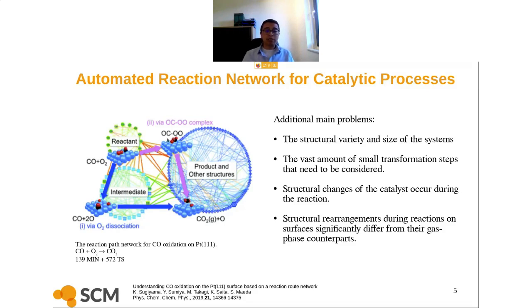So you can see here, for example, just for the CO and the O and the O2 on top of the platinum surface, you have several possible arrangements of these molecules that will give you different reaction rates to consider. Most of them are just diffusions, but they have different energies, different structures. They are completely different.